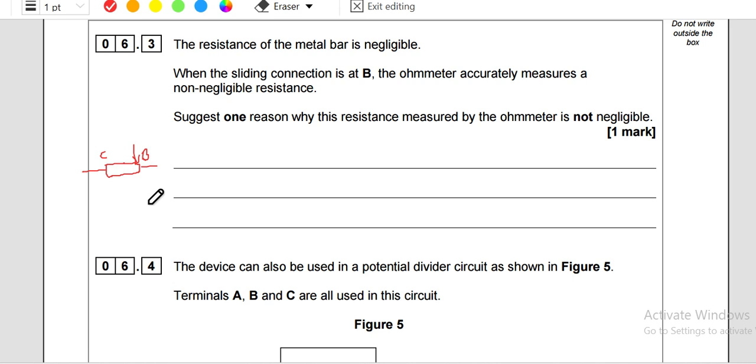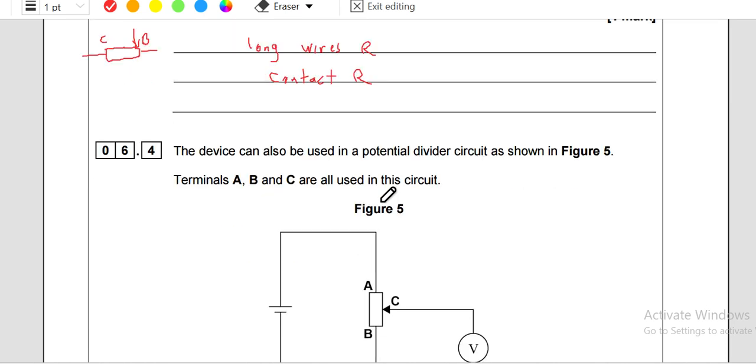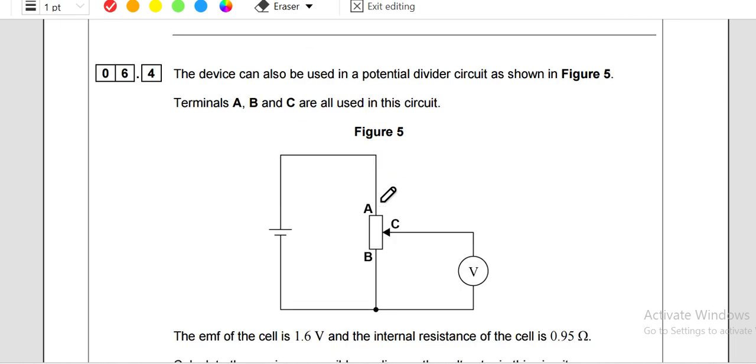We still have a measurement value on the meter. This is certainly because we still have wires for the rest of the circuit, and these wires, if long, will have resistance, and also we have contact resistance, welding two wires or connecting them with a banana connector or whatever. This also comes with a resistance.